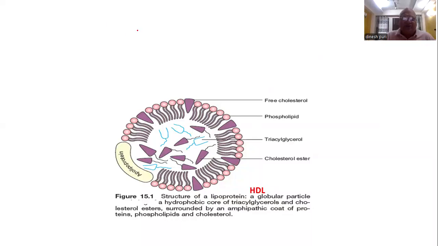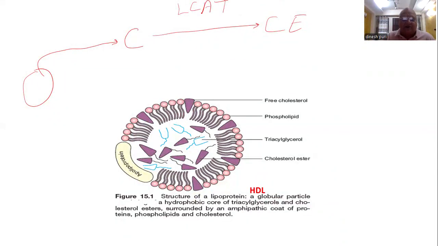LCAT converts cholesterol into cholesterol ester. The cholesterol that came from the peripheral cell into the HDL is converted to cholesterol ester by LCAT, lecithin cholesterol acyl transferase.